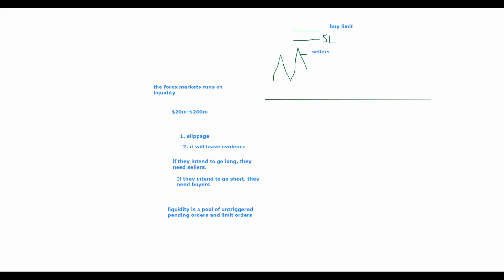So you have the stop loss of the seller, and the buy limit of breakout traders. Now this is what you classify as your liquidity pool. This is what you will call the sell side liquidity pool.